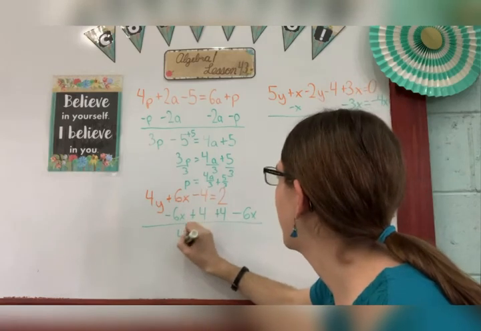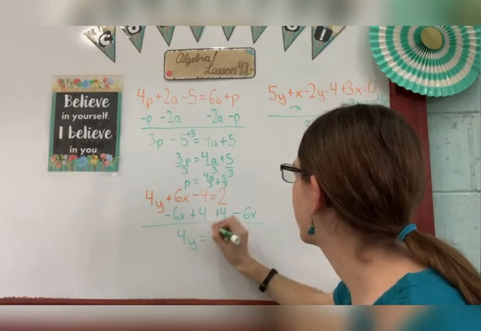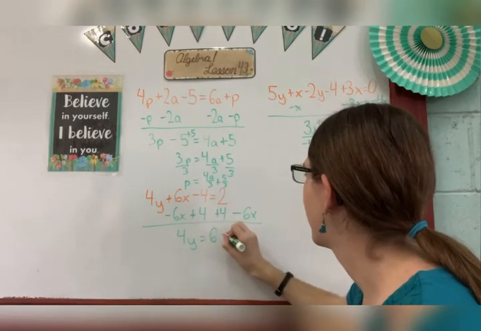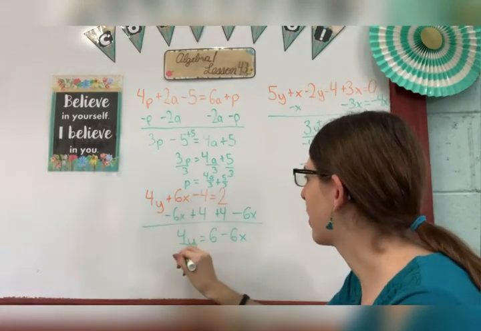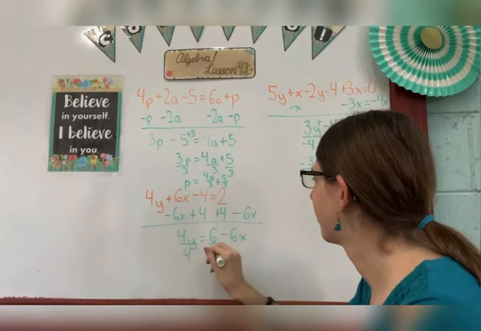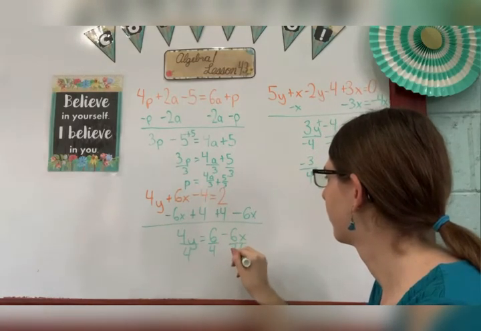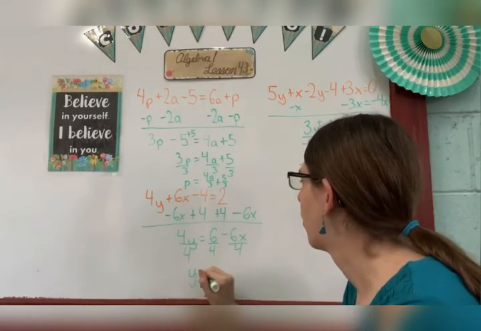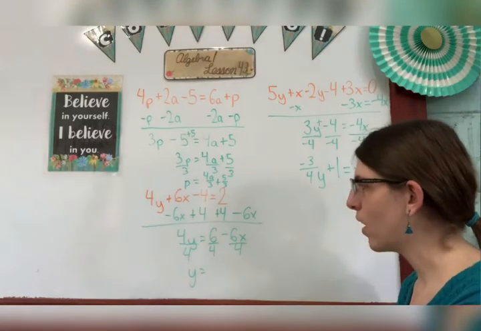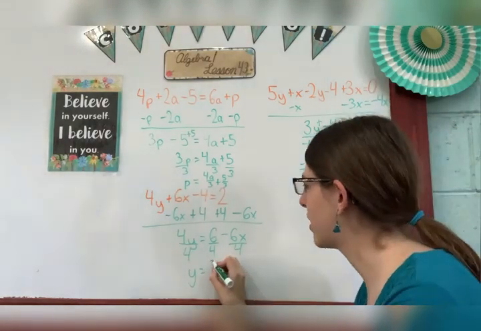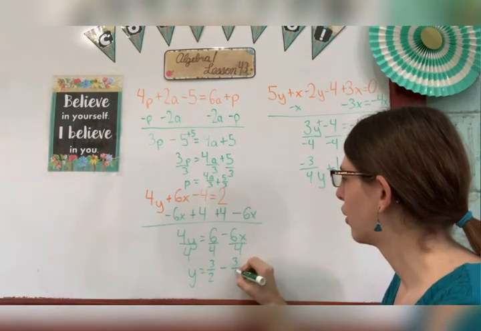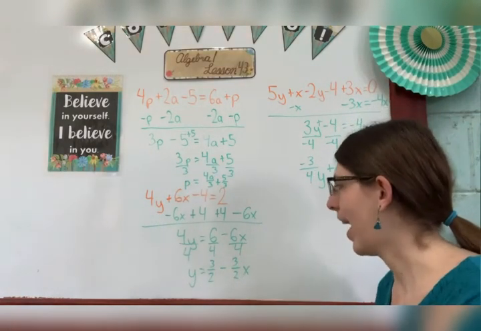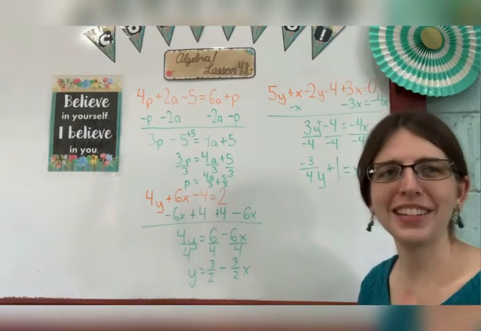So that leaves me with 4y equals 2 plus 4 is 6 minus 6x. Divide both sides by 4. Y equals, okay, I can reduce this fraction to 3 over 2 minus 3 over 2x. And that's your final answer.